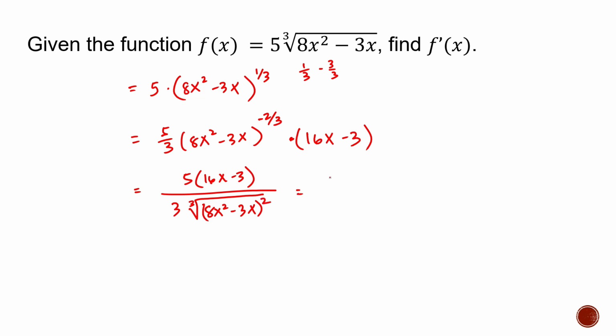We can still simplify this. Let's combine that 5 and 16x minus 3. So this is 80x minus 15 all over 3 times the cube root of (8x squared minus 3x) squared.